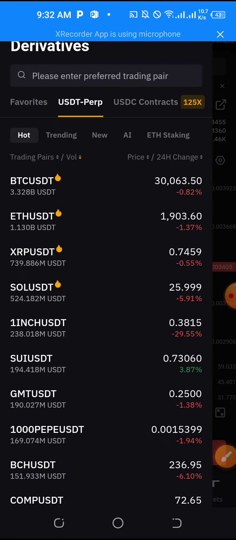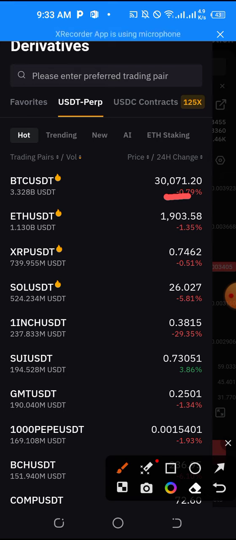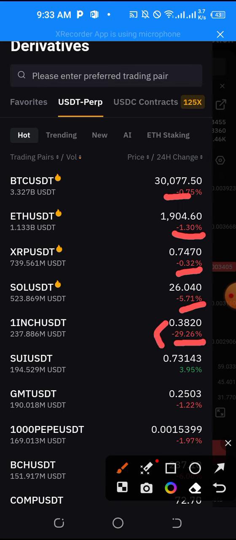I may want to scroll down to see. You can see this is what I'm looking at. This BTC is -0.97. This one is -1.3. This one is -0.3. This one is -5. This one is -29. Something like this is what I'm looking for, -29.